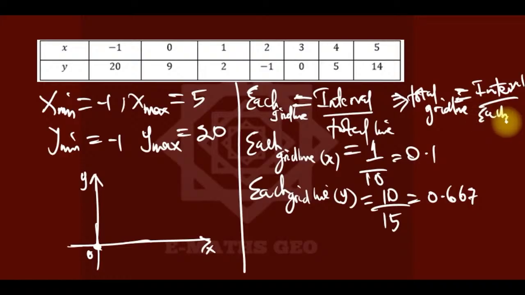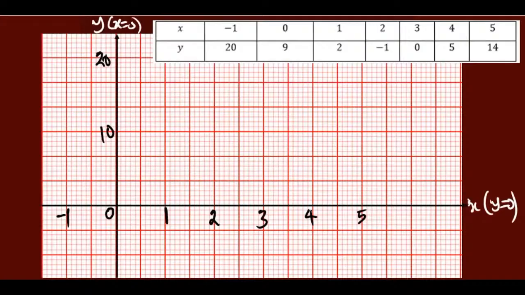Depending on the axis, if it's x, we divide by 0.1. If it's y, we divide by 0.67. So it will help us to locate the values fast. So let's do it fast now. Okay. So we'll start. When x is minus 1, y is 20. So this one is visible, so it's easy to locate.